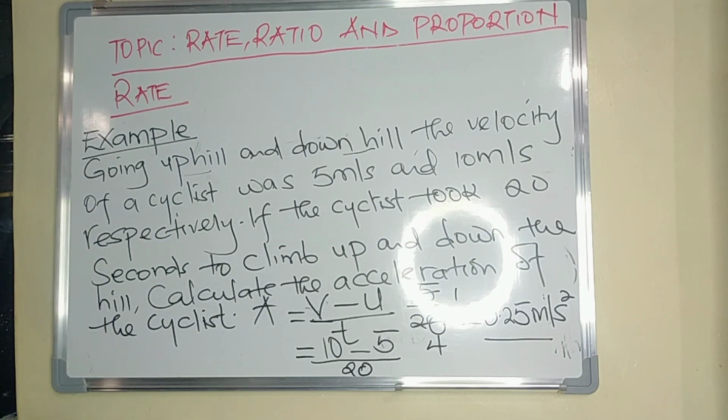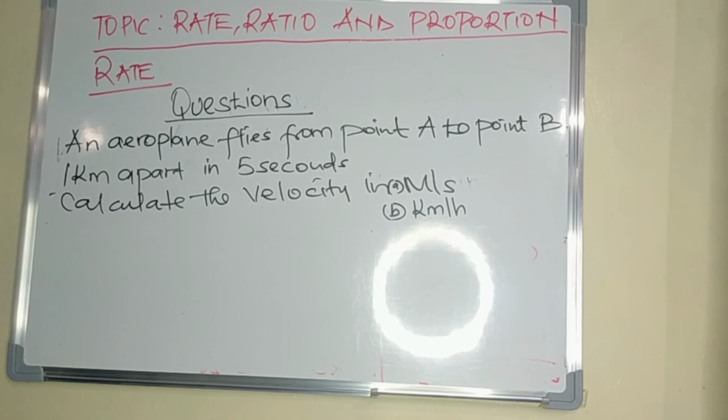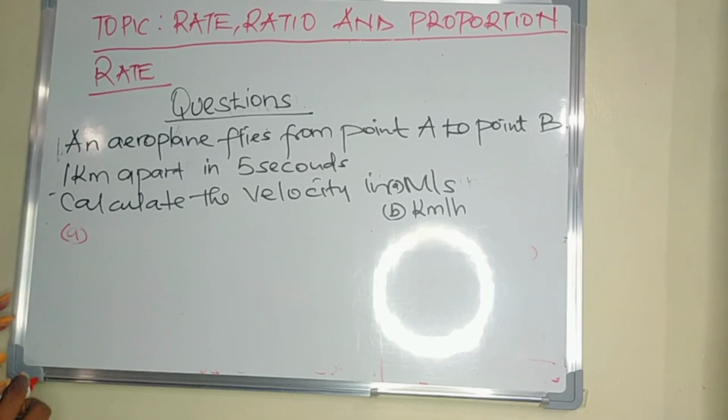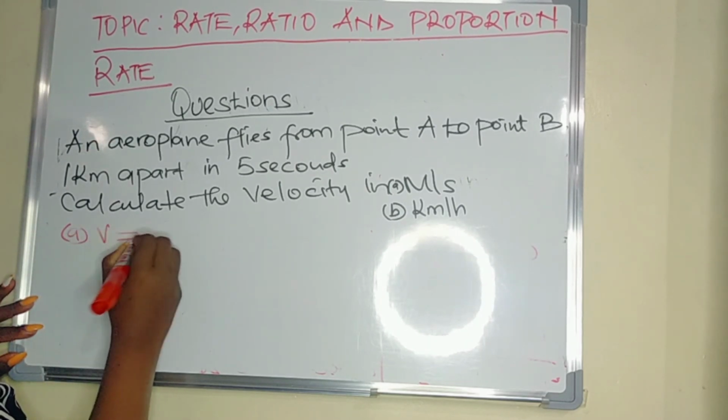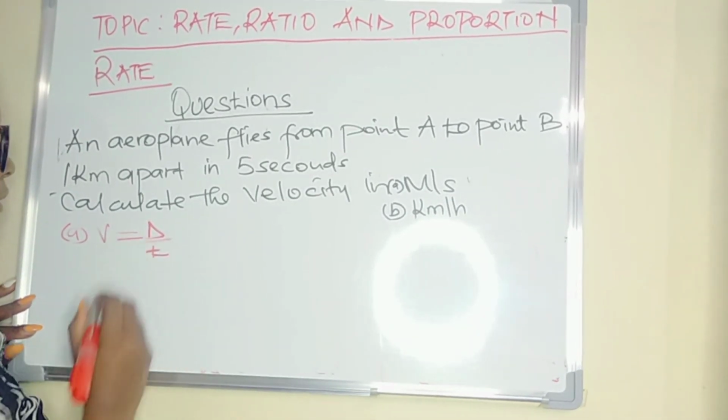Now another question. An aeroplane flies from point A to point B 1 kilometer apart in 5 seconds. Calculate the velocity in meters per second and in kilometers per hour. So let's start with part A, velocity in meters per second. So velocity is equal to distance in a given direction over the time taken.